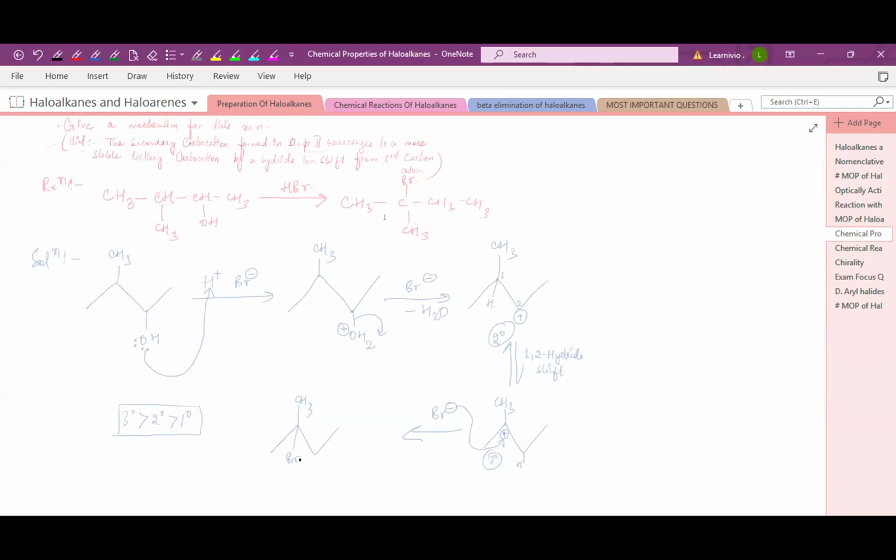Okay, please write it down. This tertiary is more stable. You can write it. And this is a 1,2 hydride shift. The hydrogen is being shifted from one position to the second position.